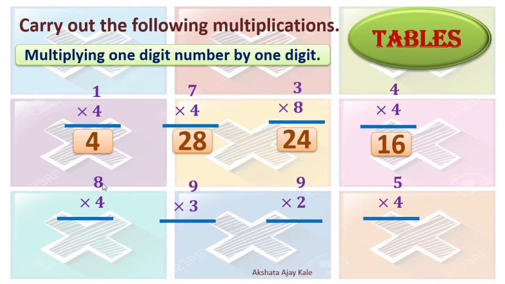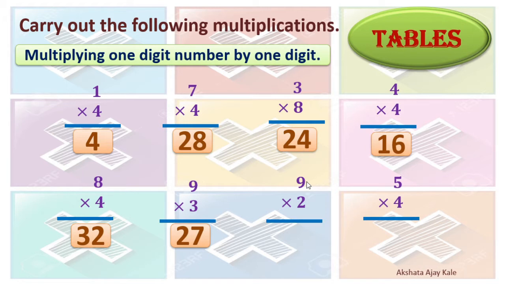Next thing is 8 4 za or 4 8 za. You know this, isn't it? When we change the order, the answer will remain the same. 8 4 za, 32. Good. 9 3 za, 27.